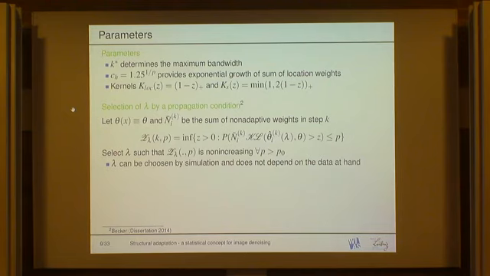Both have compact support and are easy to compute, and the second one has a so-called plateau in the first half. So it's constant 1, and then it decreases to 0 linearly.